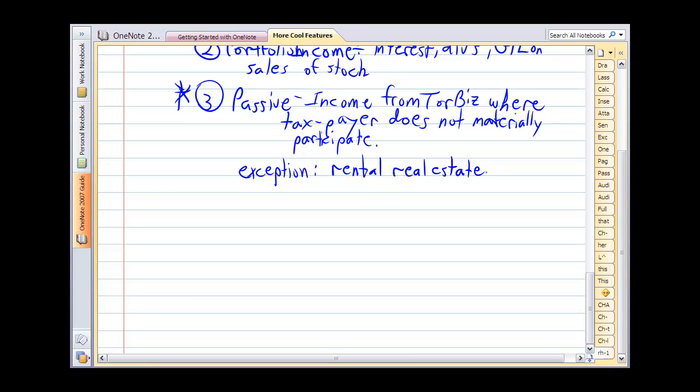Rental real estate activities are going to be passive. Whether there's material participation or not, those are always going to be passive.